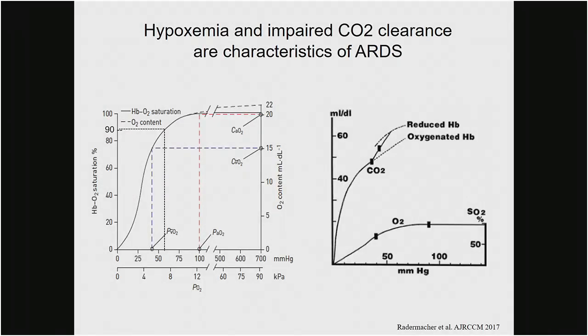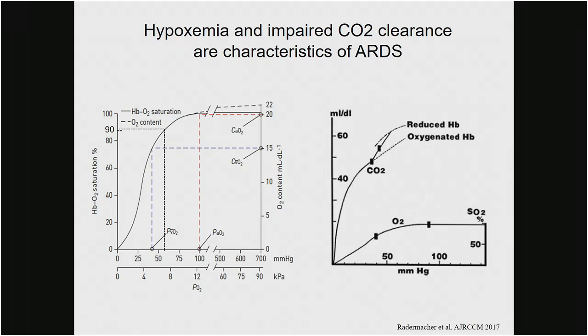Okay, so there are two major gas exchange abnormalities that we're going to address. One is hypoxemia, which is low PaO2, usually lower than 60, and this number 60 is derived from the hemoglobin oxygen saturation curve, which is sigmoidal. I think everyone knows that the point of inflexion corresponds to a PO2 of 60 in normal patients, which corresponds pretty much to 90% oxygen saturation.